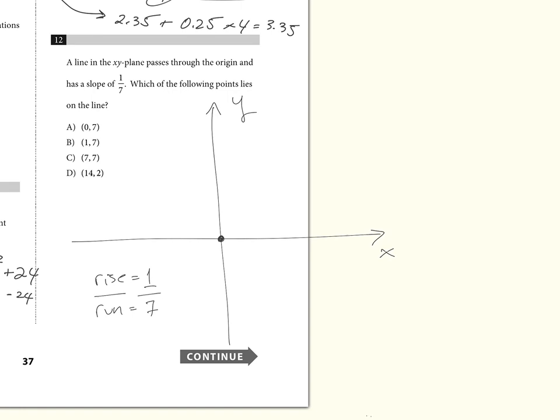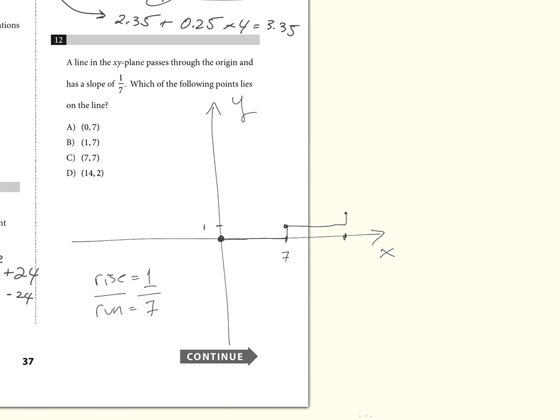That means that we could go a run of 7 to there, and then a rise of 1 to there. So that would be 1. And that could be a point. We could also continue further along, go 7 more, and up 1 again.